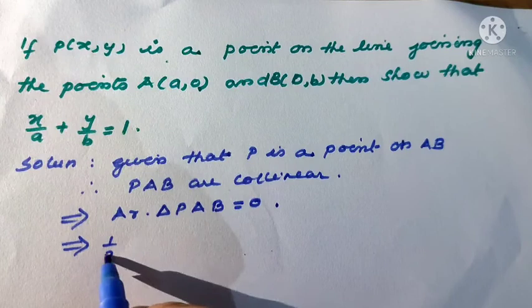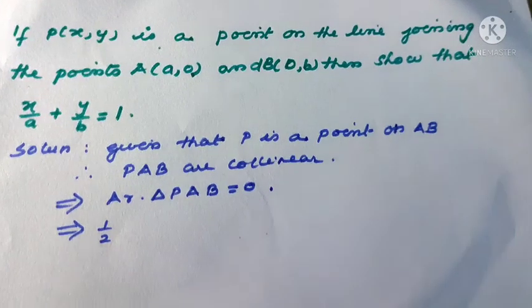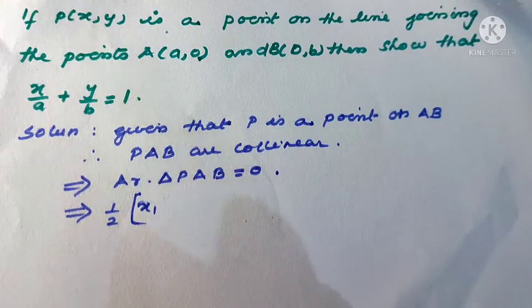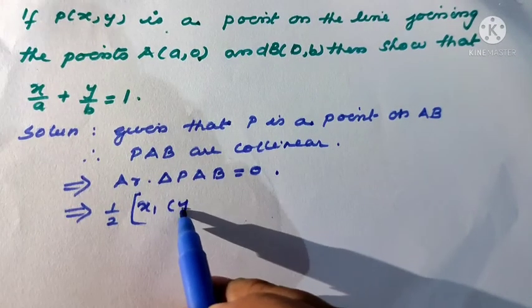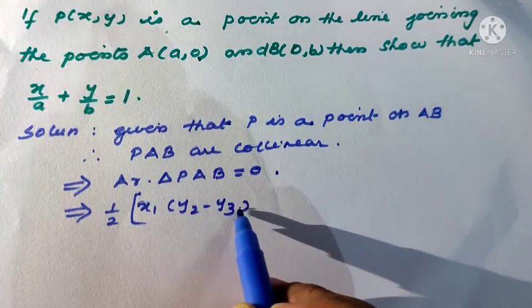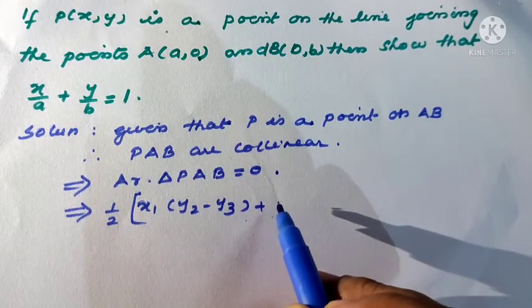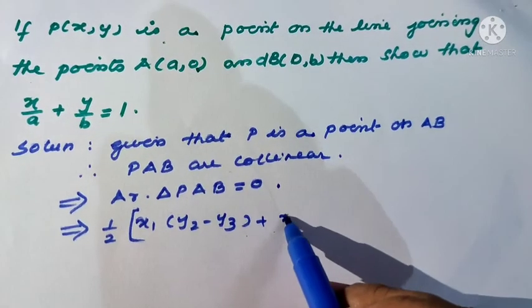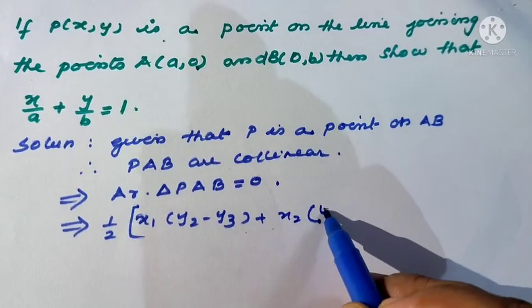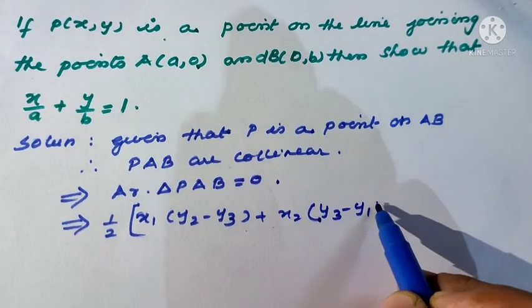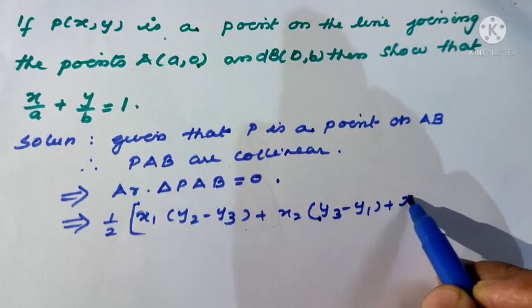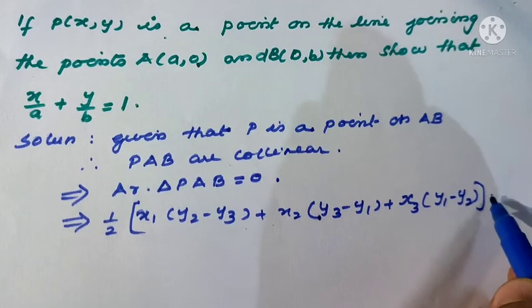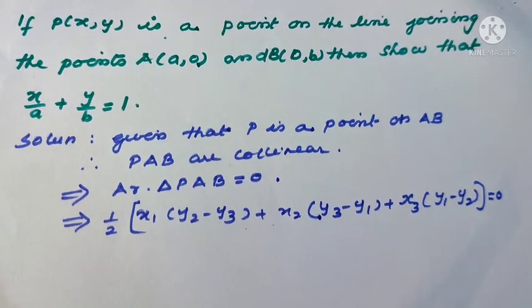That means first we will write the formula, again half into x1 into y2 minus y3 plus x2 into y3 minus y1 plus x3 into y1 minus y2 equal to 0.